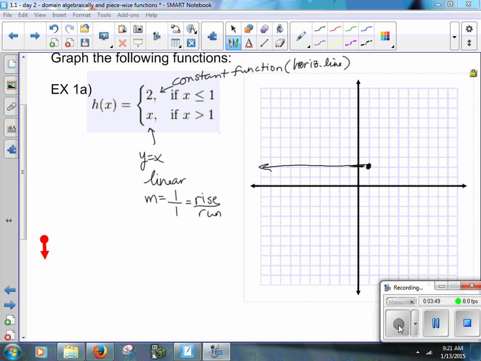Okay. Where am I going to start? Here's the thing. Remember, we can't use calculators. But we can set up, what was the way you learned how to graph before you started punching up that calculator? Do you remember how you learned how to graph without a calculator? In middle school, you graphed without a calculator, surely.